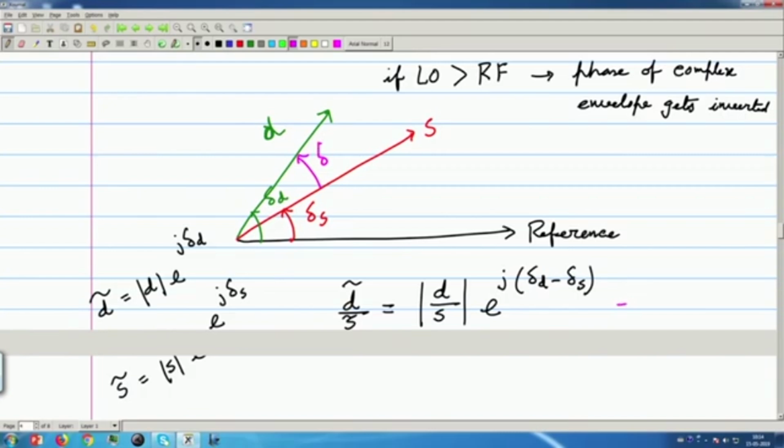So, this is D by S e to the power j delta.